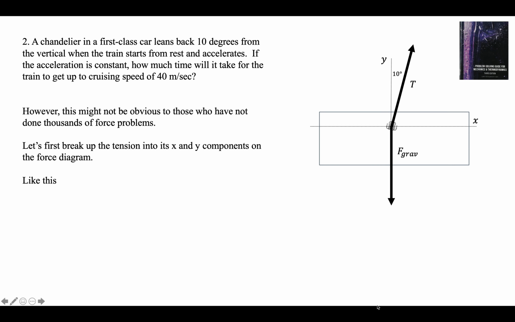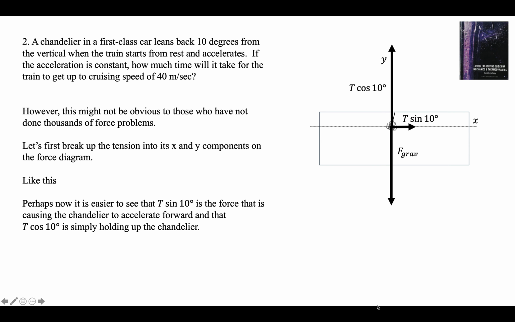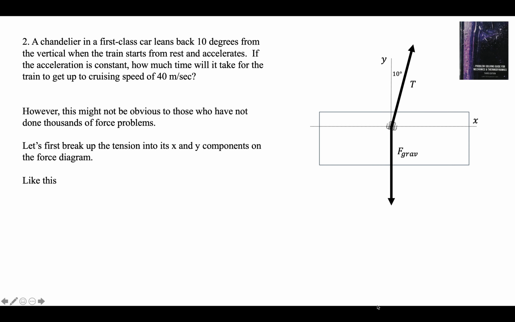We just changed that tension at 10 degrees to T cosine 10 degrees in the y direction and T sine 10 degrees in the x direction. Those are identical. There's the T. The cosine of 10 degrees is the adjacent side, which is the y component, and the sine of 10 degrees is the opposite side, which is the x component.